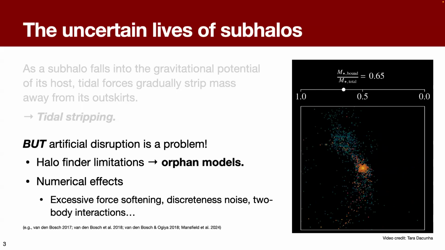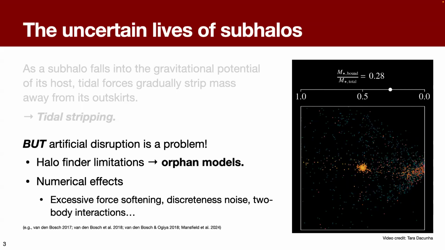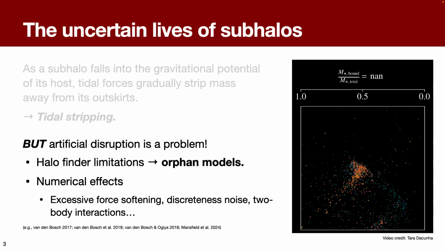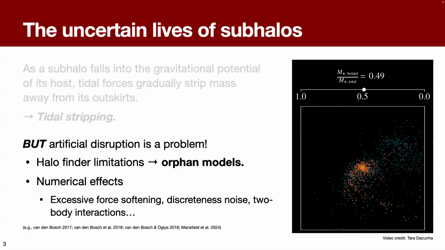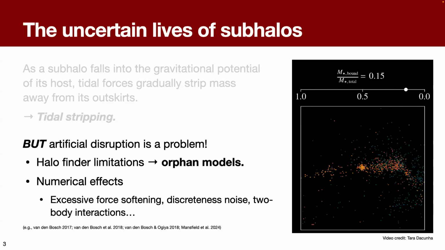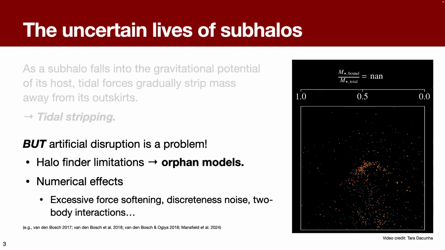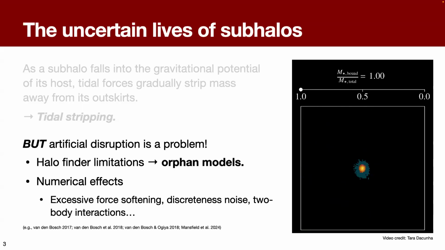What this does is it causes the inner regions of your subhalo to go from something that looks like a realistic dark matter profile into something that's collisionally dominated. So it just turns the inside of your subhalo into a globular cluster, basically. And that's not a physical thing that happens. And the size of that numerically relaxed region also grows with time.